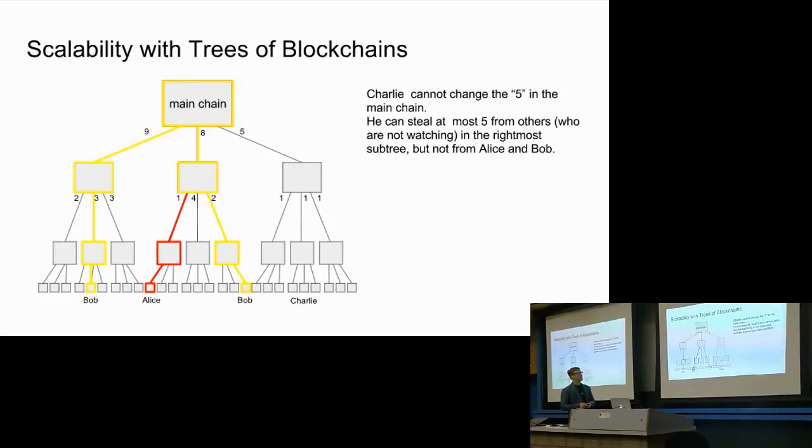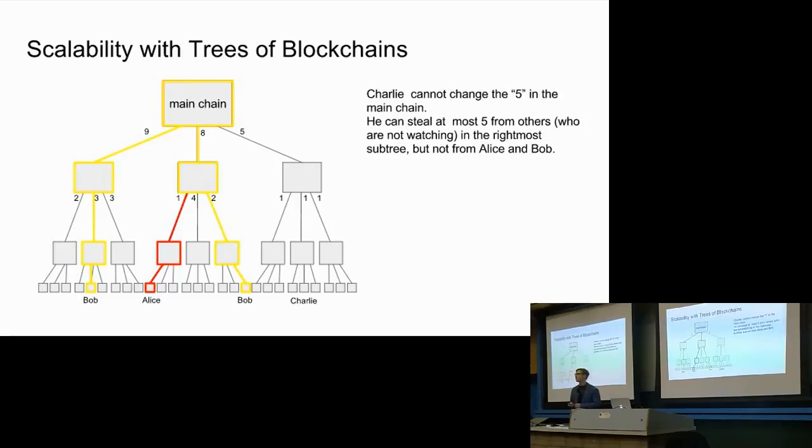Basically, he calls it and says, I want to transfer my 1 million tokens from this child chain to the parent chain. But the parent chain knows that the total sum of all tokens in this child chain is only 5. So it's impossible to move 1 million tokens into the main chain, because there are only 5 tokens in this child chain, so somewhere something must have gone wrong.